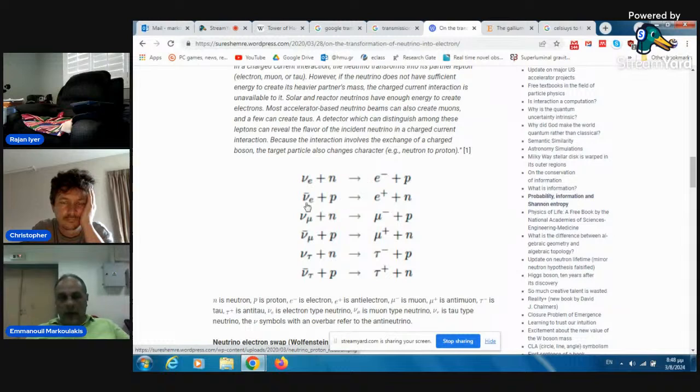All the others, you see, can make a positron. We are not interested in this. The muon neutrino reacts with a neutron but does not produce an electron. It produces an anti-muon. So on, all that stuff.